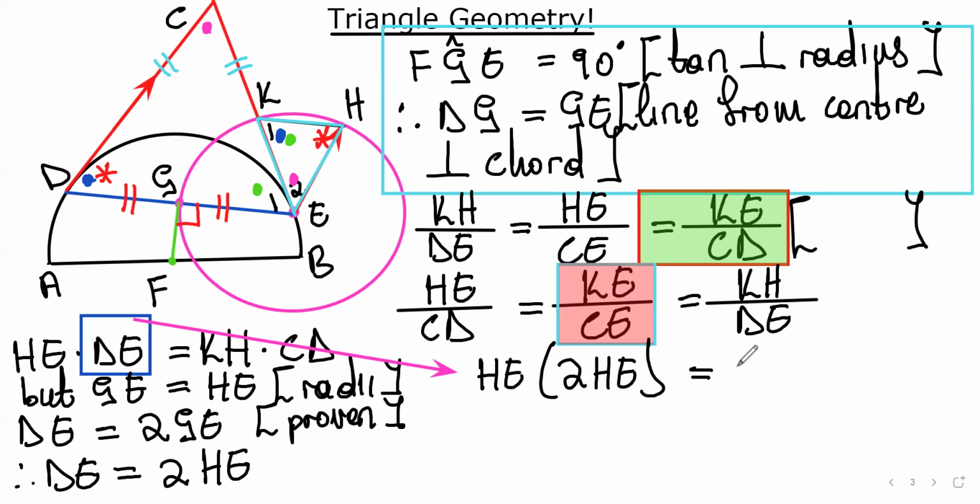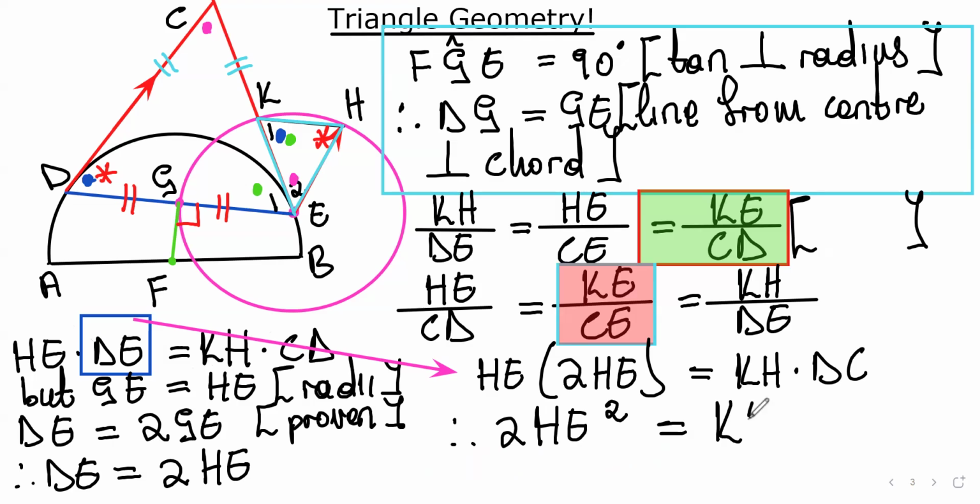And this is equal to, of course, KH times DC as they preferred. Then it's now easy. We have twice as much HE, which is squared. And this is equal to KH times DC.